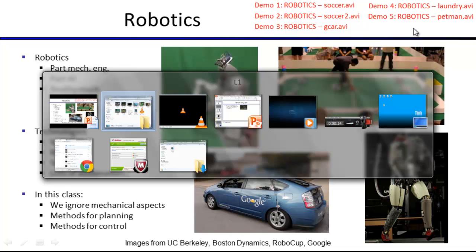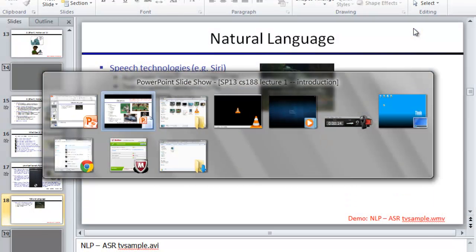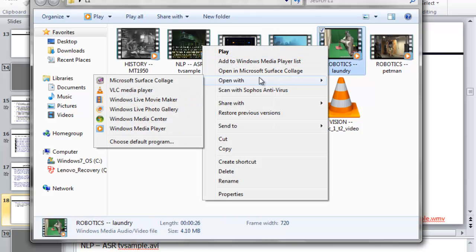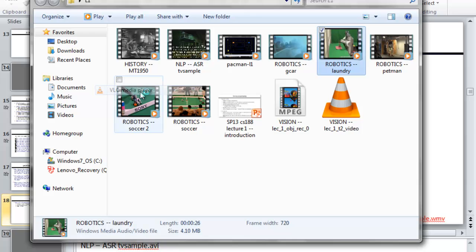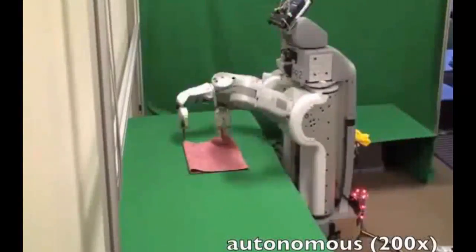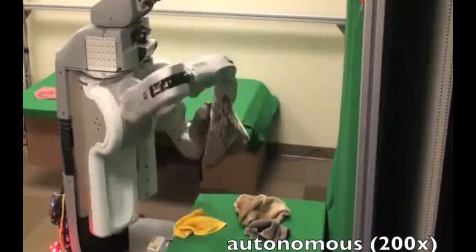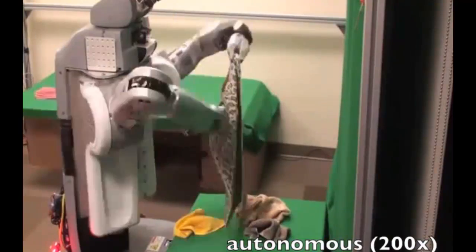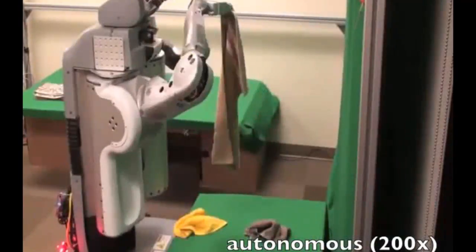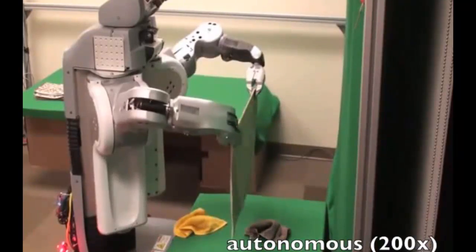Let's look at something we did here at Berkeley. This is a robotic laundry system. You should come check it out in my lab if you want at some point. Just let me know. We do demos on a regular basis. So this is sped up 200 times. You don't want to watch this in real time. So this is something we did about 3 years ago now.